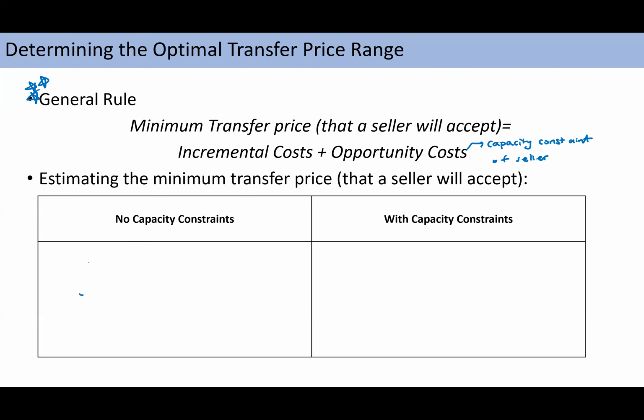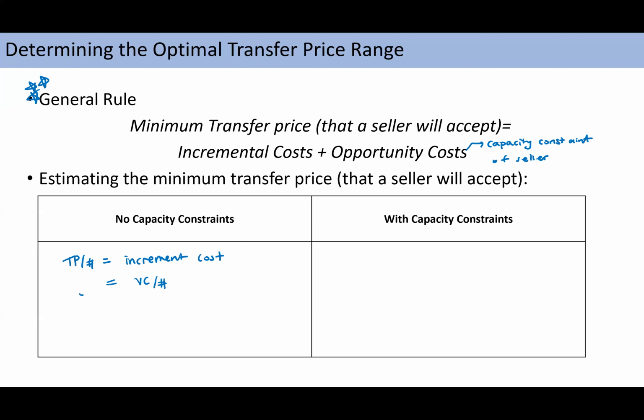So the transfer price will be set equal to the incremental cost. Again, this is the minimum transfer price that a seller will accept. And the incremental cost of producing a product is our old friend, variable cost per unit.